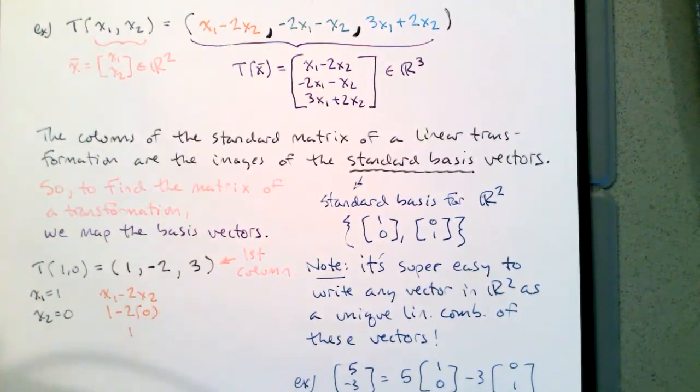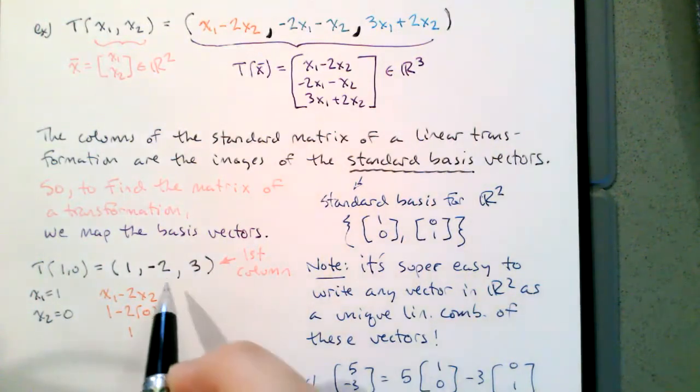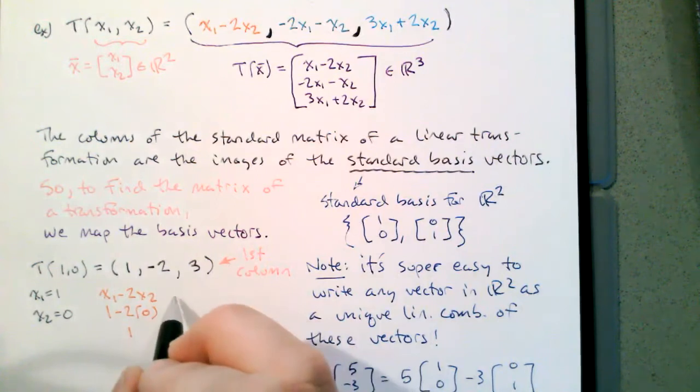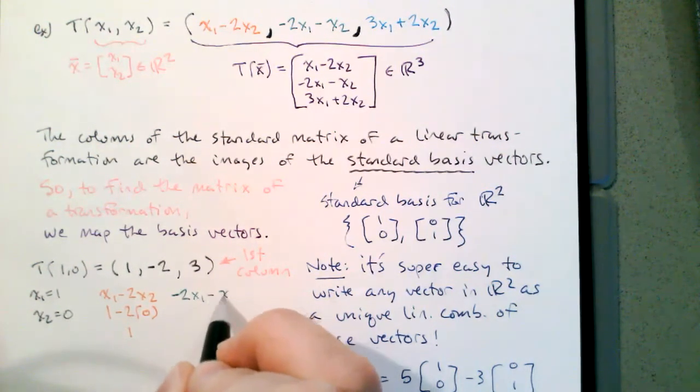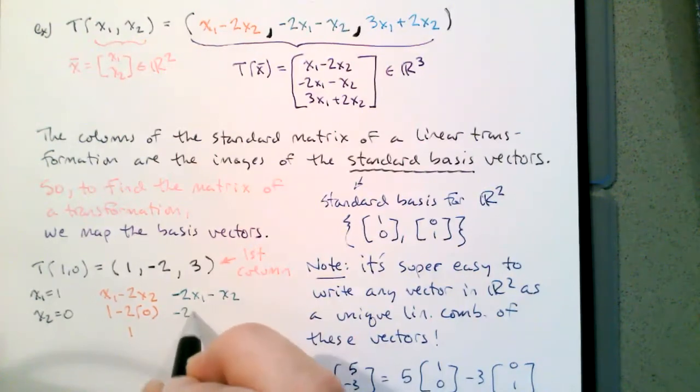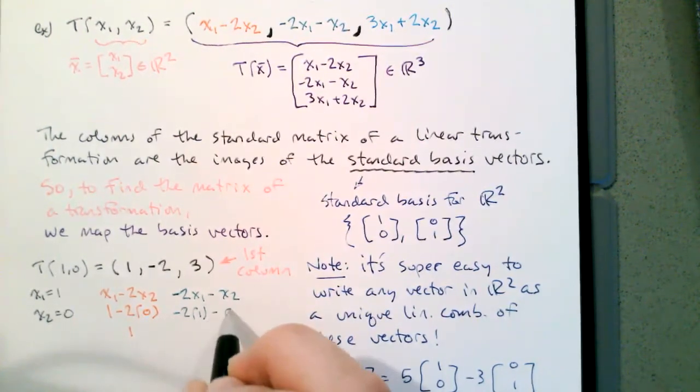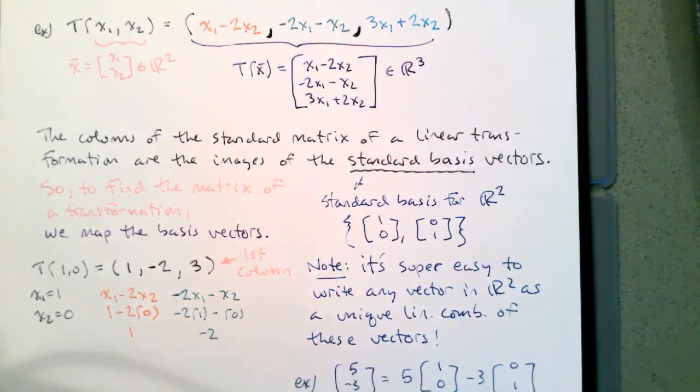So we get the 1. Then we do the same thing for the negative 2. The second coordinate is negative 2x1 minus x2, so I have negative 2 times x1 minus x2, and so we get negative 2. And the same thing for 3.